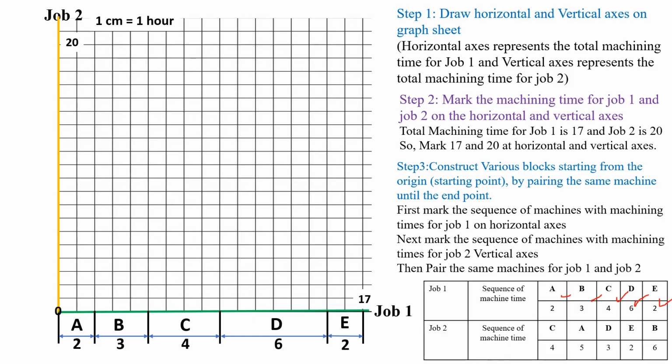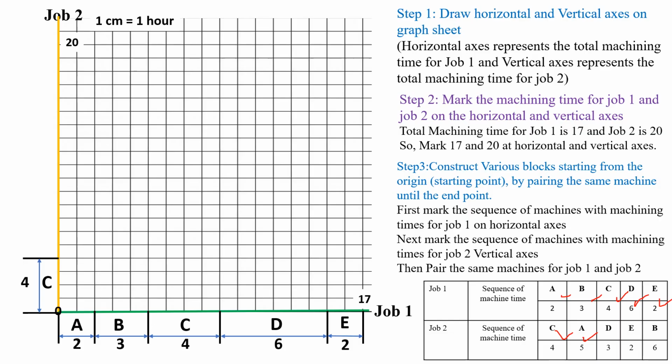Next we have to mark the sequence of machines for job 2 on the vertical axis. Here first machine is C and machining time is 4 hours. So mark machine C on the vertical axis from 0 to 4 centimeters. Next machine is A and machining time is 5 hours.